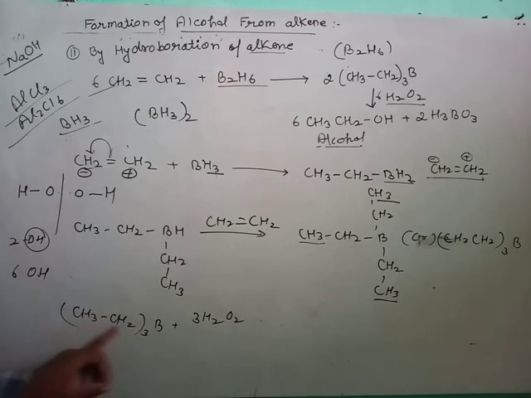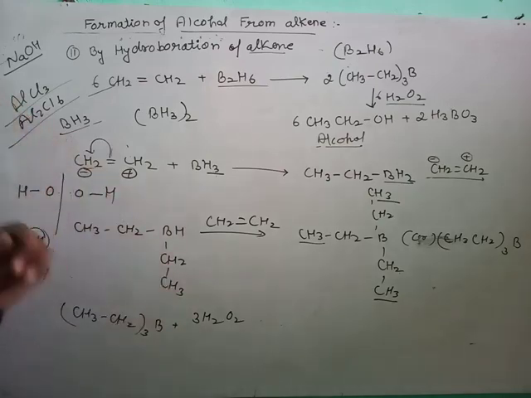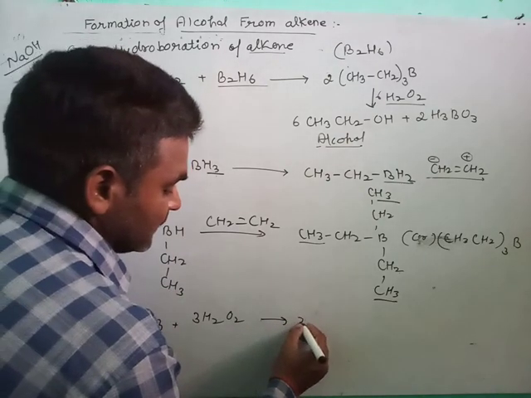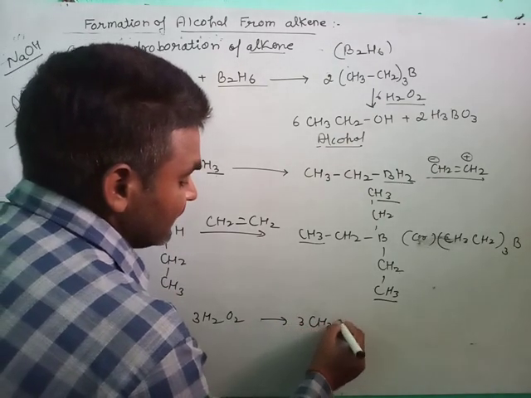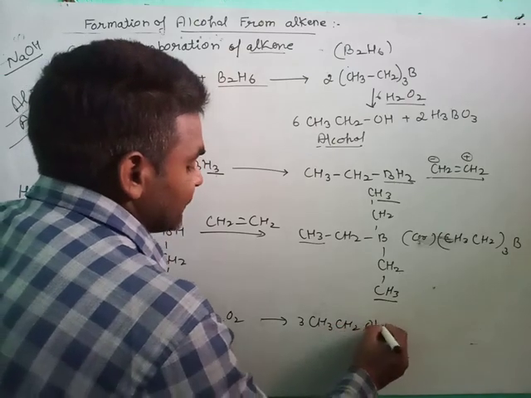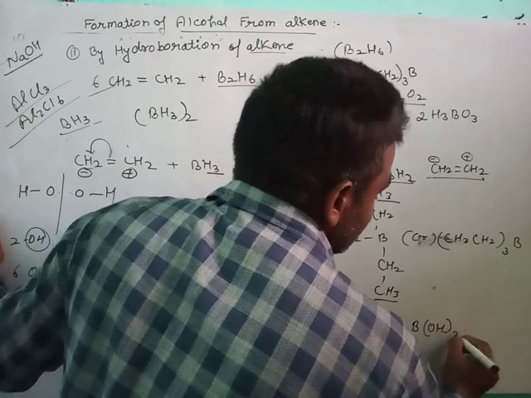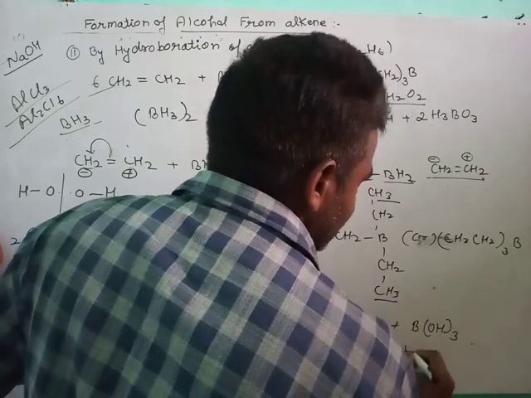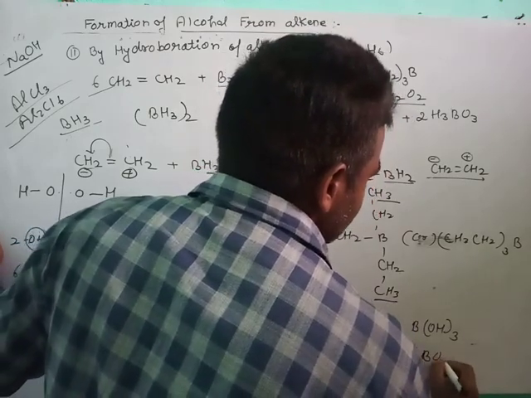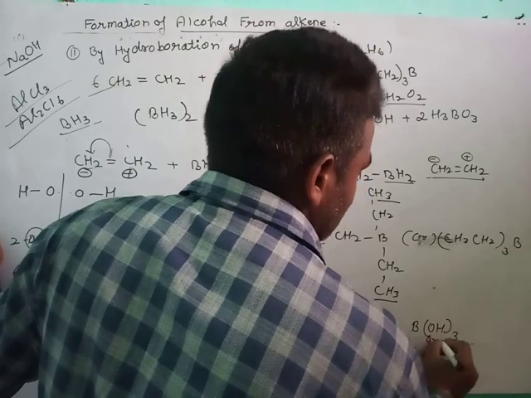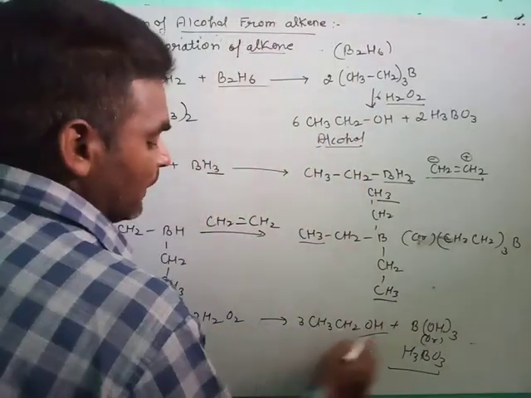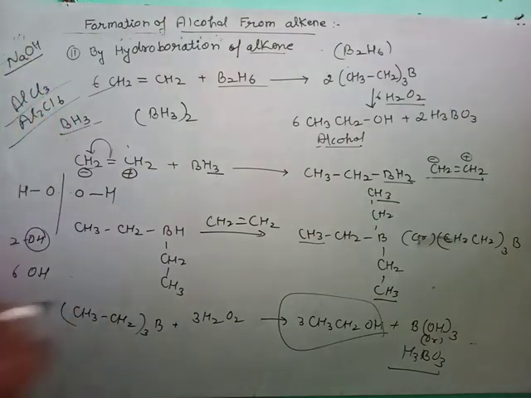Then 3 OH are bonded with CH3 CH2 and 3 with boron, and the product is 3 CH3 CH2 OH and B(OH) whole thrice. It can also be written as H3BO3. And this is the method of formation of alcohol from diborane. Thank you.